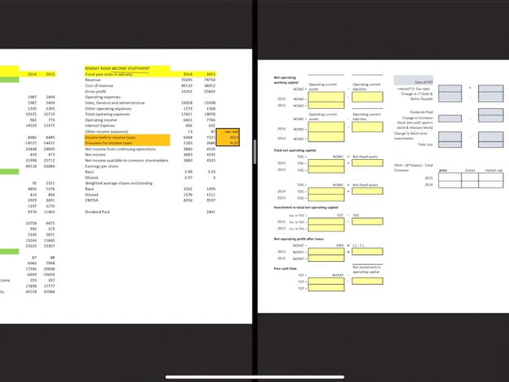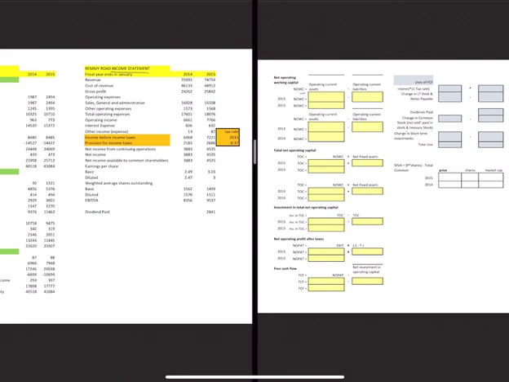And then on the right side of the screen is the sheet that we're going to fill out to calculate our free cash flow. So we can see the first step here is to calculate our net operating working capital.